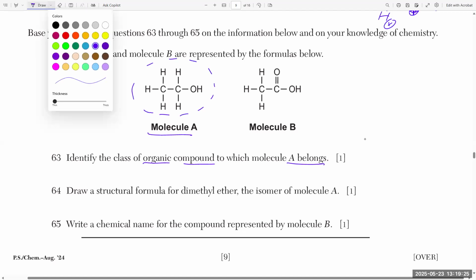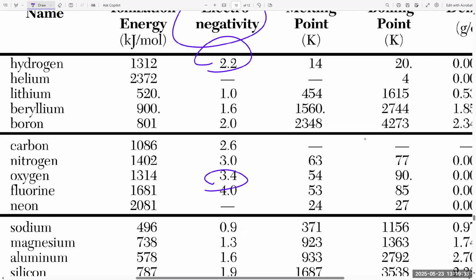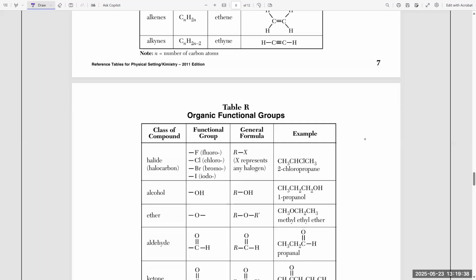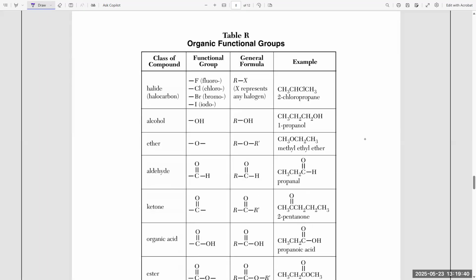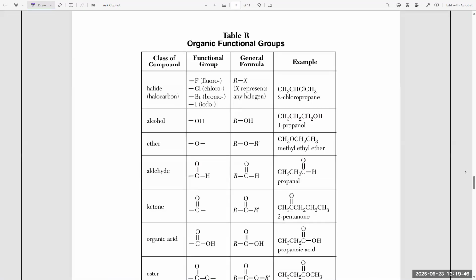What do you notice here? You see an OH, like this. So what we're going to do is go to the reference table, to the list of organic chemicals, the functional groups. What are we looking for? We're looking for something that has OH popping off all by itself with nothing else, so we go to the general formula.